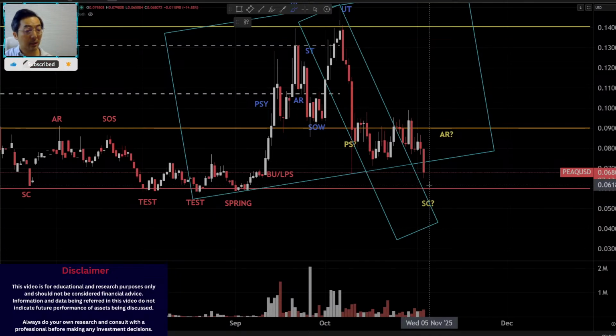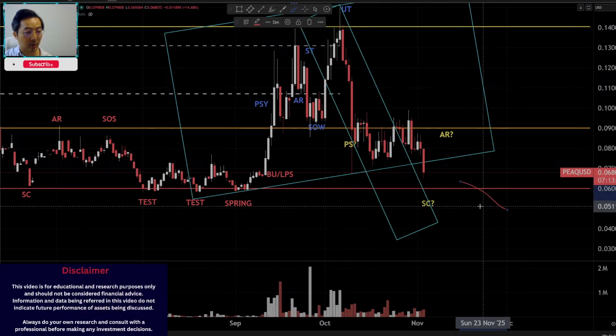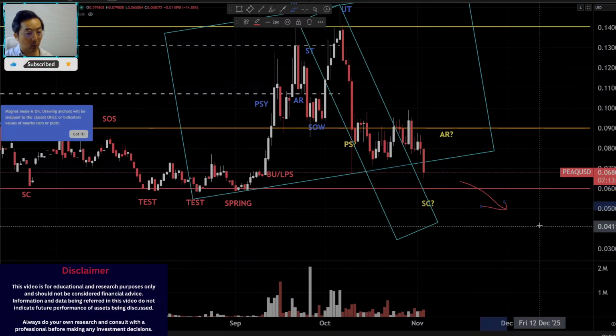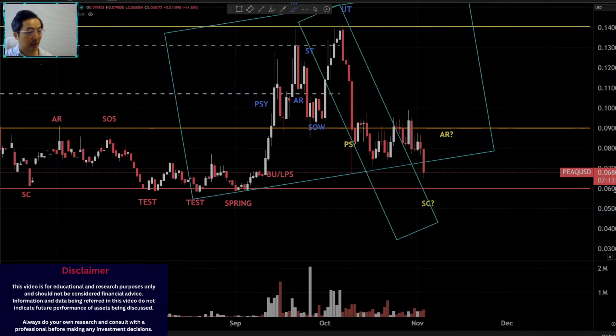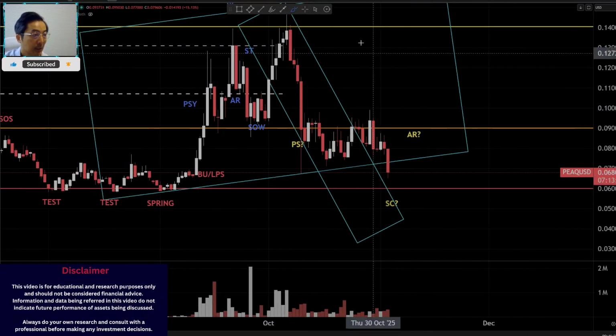But it doesn't mean, already mentioned previously, selling climax doesn't mean it's the lowest point of an accumulation. A spring can get lower. So for Peaq, it can go lower than the 6 cents level. Okay, assuming that's the case, this is scenario 1.